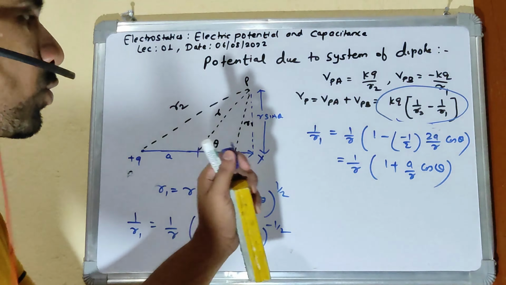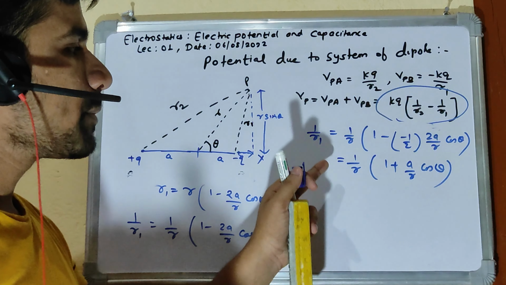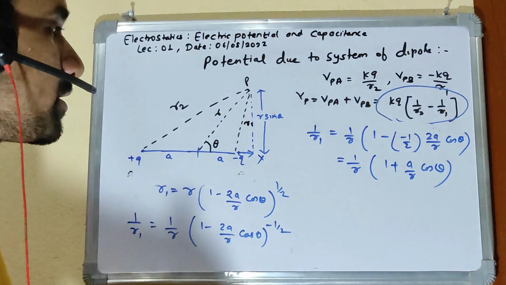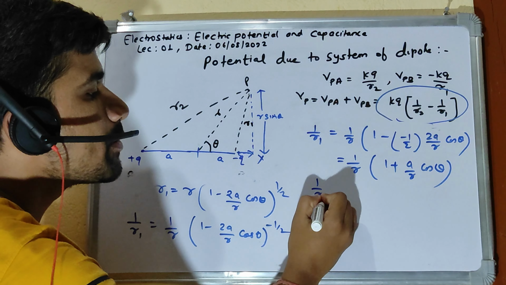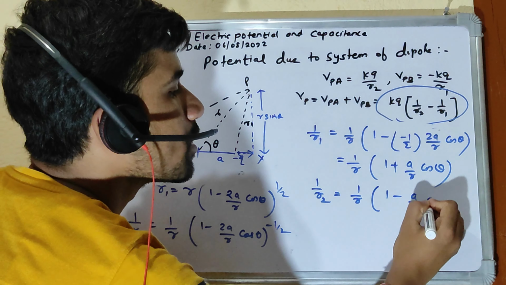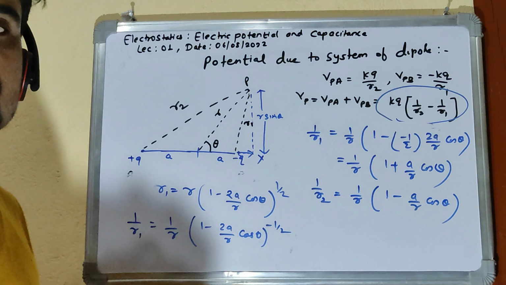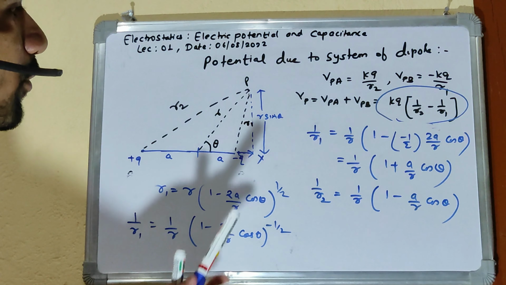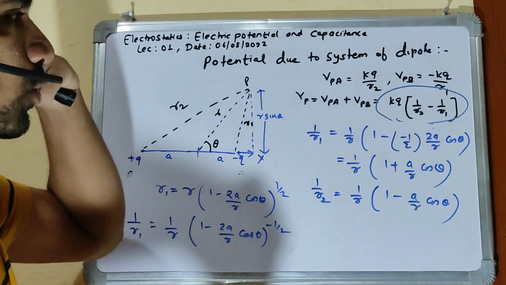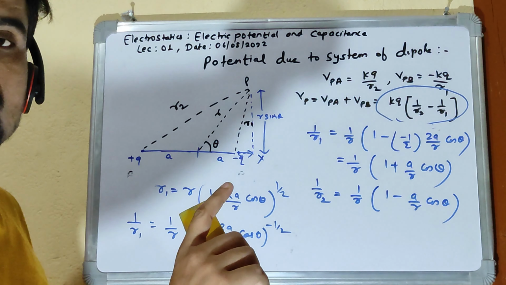This is 1 by R1 equals 1 by R into 1 plus A by R cos theta. Similarly, 1 by R2 will be 1 by R into 1 minus A by R cos theta. Now I found my 1 by R1 and my 1 by R2.